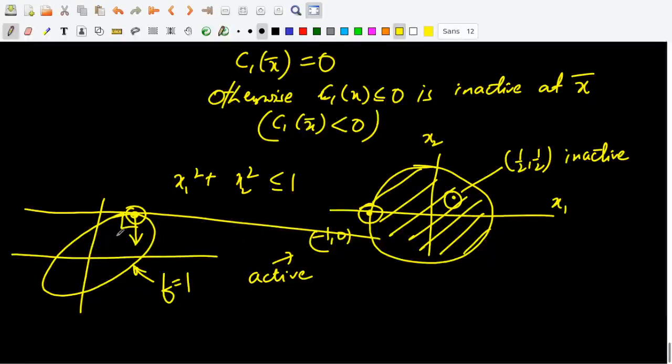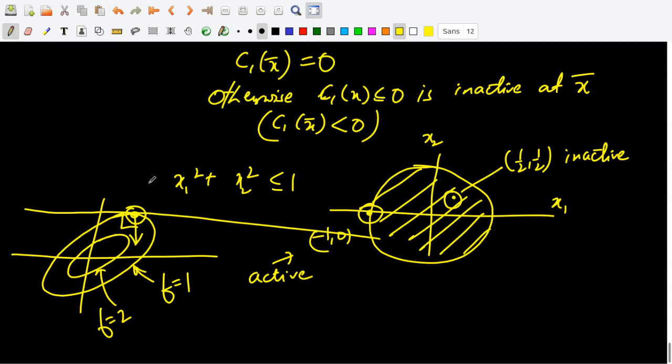So that means the inside curve is f equal to 2. Okay, and it is decreasing in the direction of the negative of the gradient.